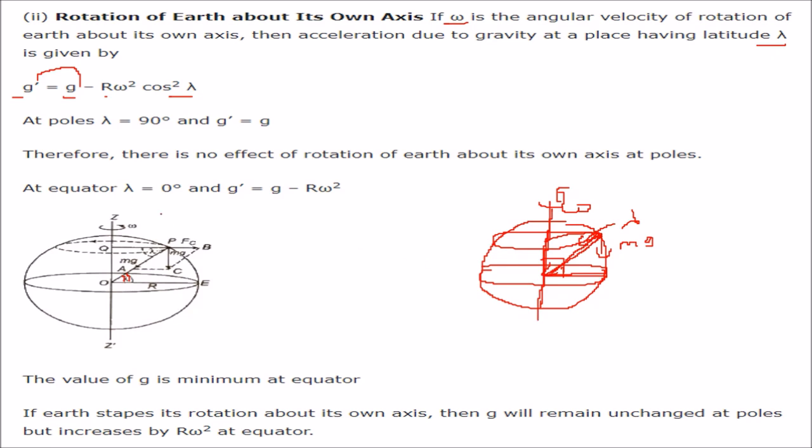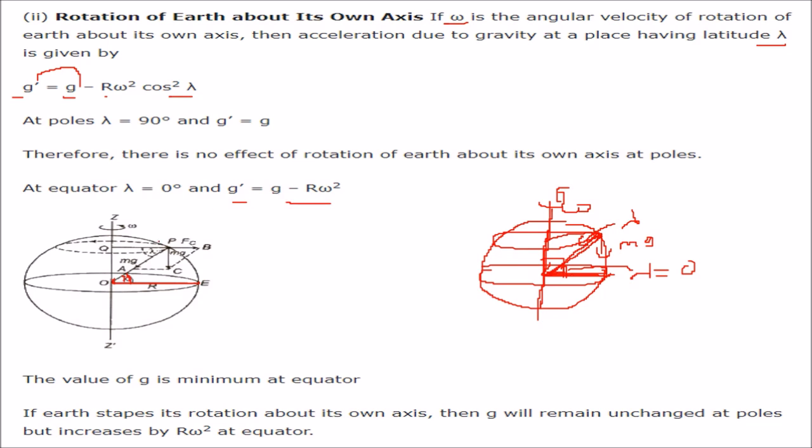But when we come to the equator, lambda becomes 0, because the object is here and the angle it is making, lambda, becomes 0. So when we put lambda equal to 0, cos 0 is 1, and g dash becomes g minus r omega square.